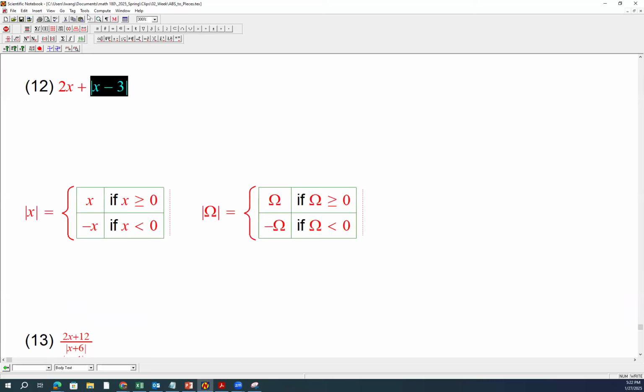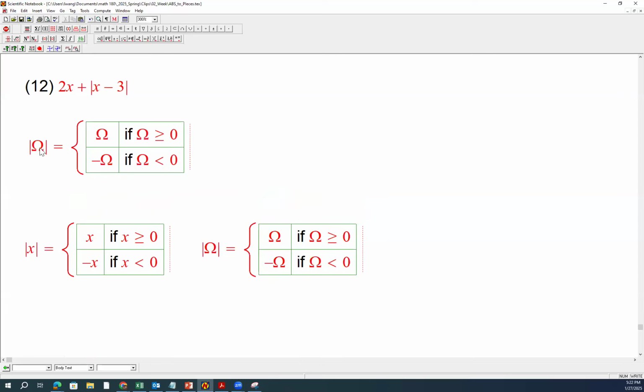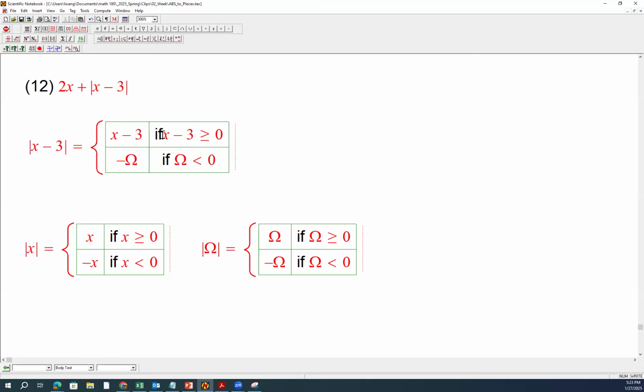So we're going to have x minus 3 taken care of. That's x minus 3 in the place of omega. So x minus 3, and that turns into x greater than or equal to 3, and minus x minus 3, and this is going to be x less than 3.